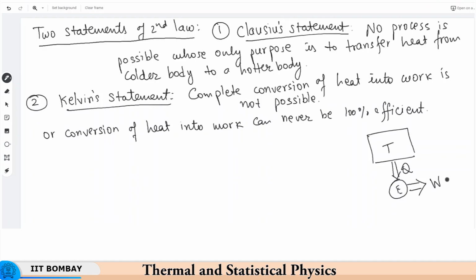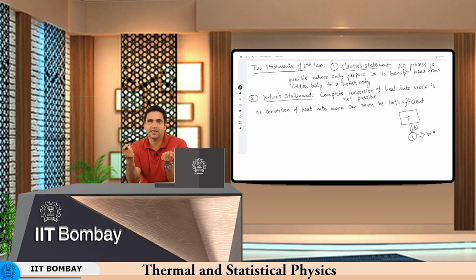So, it is like saying I have this room, and this room has 10 raised to power 23 and even more gas molecules which are moving with some kinetic energy, and can I just convert this total kinetic energy into work, right. The first law does not really say that, right. So, if I just look at this, the first law only tells you that Q is equal to W, right. So, the first law does not really forbid this process.